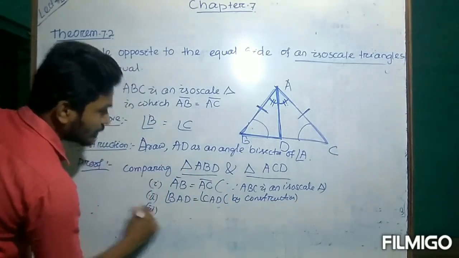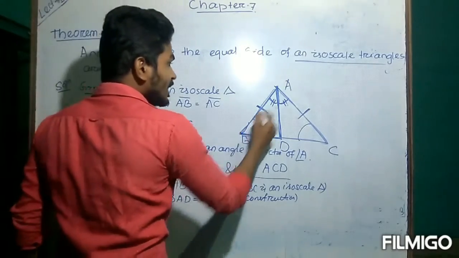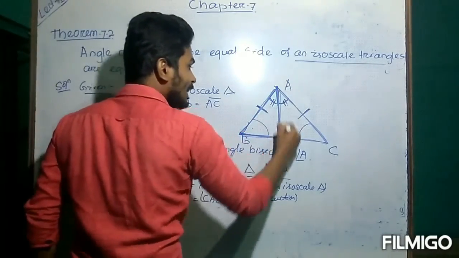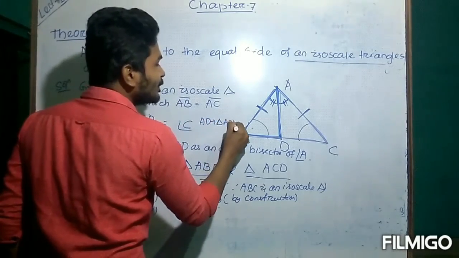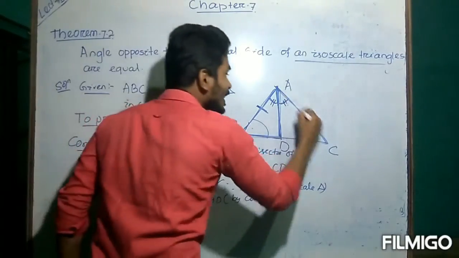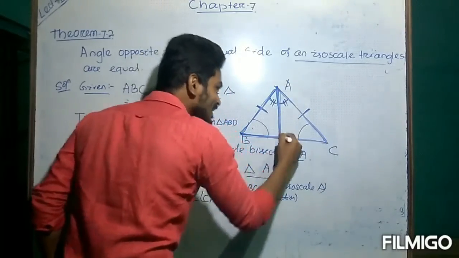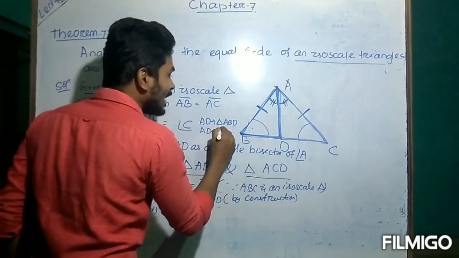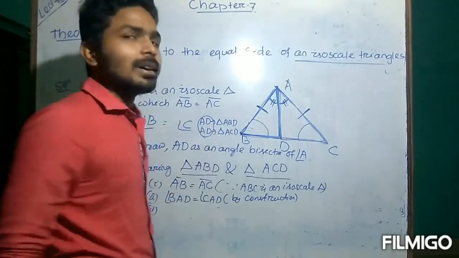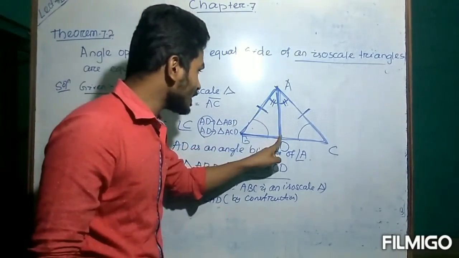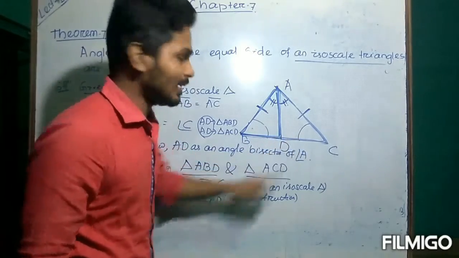Third condition. If we consider ABD as a triangle, then AD is a side of triangle ABD. Similarly, if we consider ACD triangle, then this AD is also a side of the triangle ACD. So AD is a common side to both the triangles.